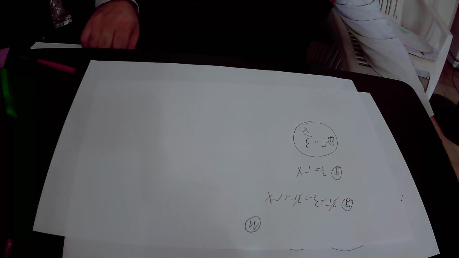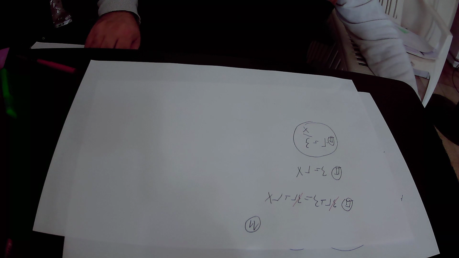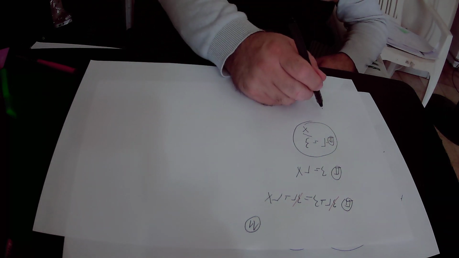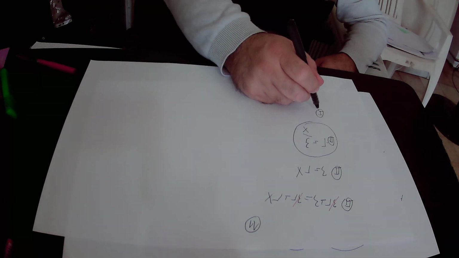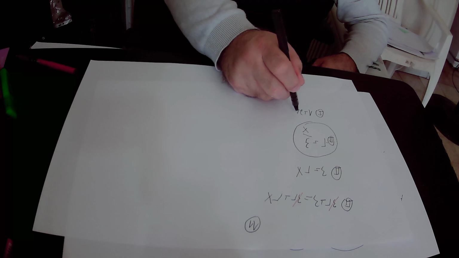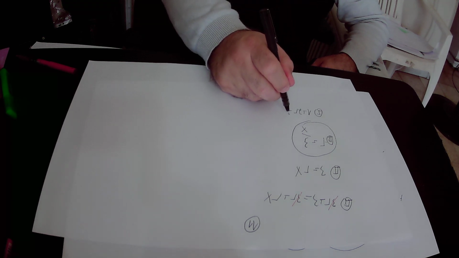Okay, and actually we have already found, according to equation number 1, that 1 plus 2r equals x squared.